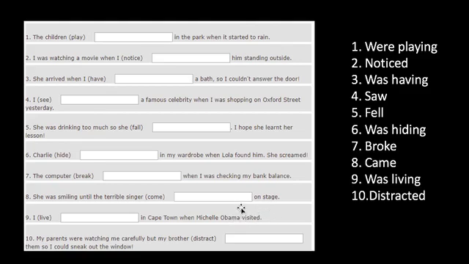Okay, here's the past. And the last one, my parents were watching me carefully, but my brother distracted them so I could sneak out the window. So, were watching is the past continuous and distracted is the past.